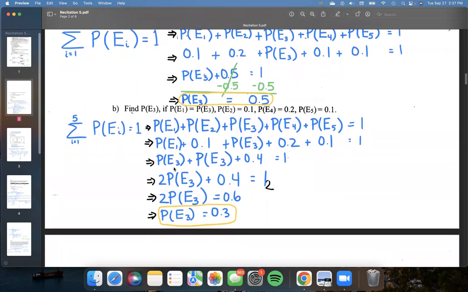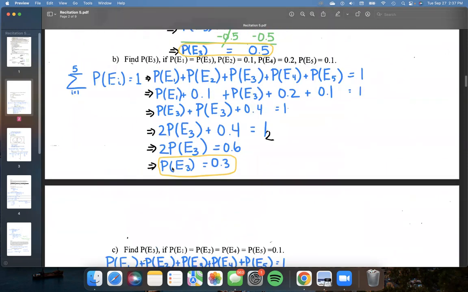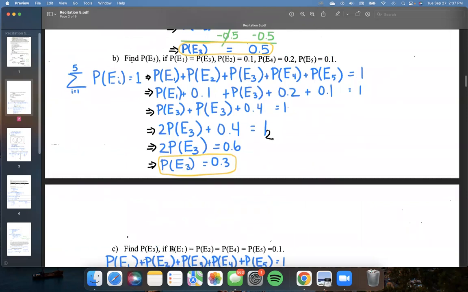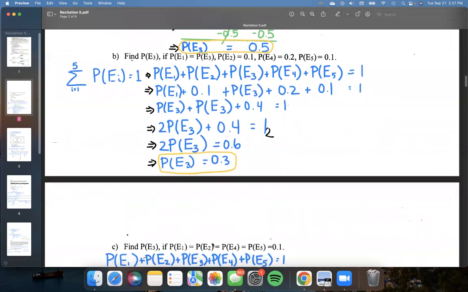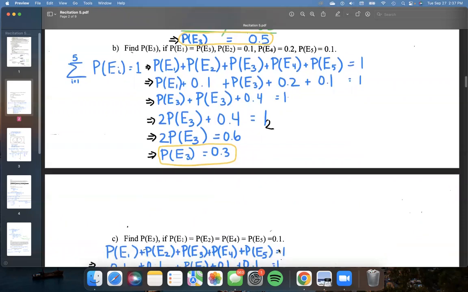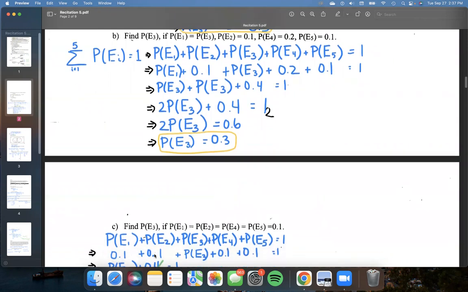Okay, next is find the probability of E3, given that E1, E2, E4 and E5 are each 0.1. So starting off with the same property that when they're all added together, we're going to get 1, and then we're going to plug in what we know.